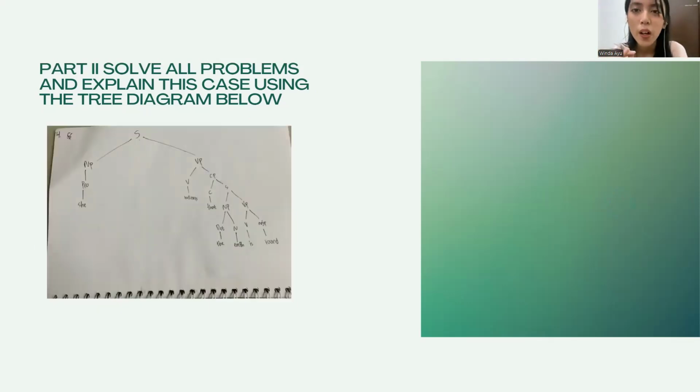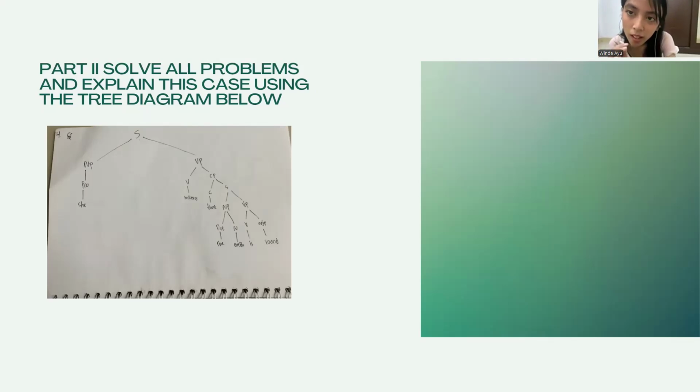For number four, she believes that the Earth is round. The NP, the pronoun is she. The verb phrase, the verb is believes.